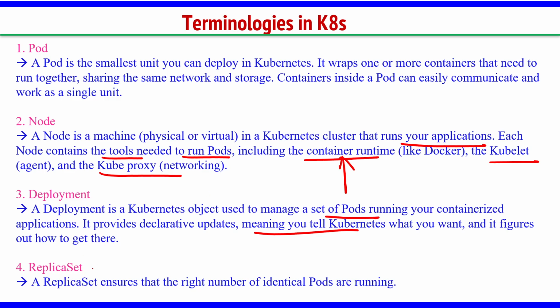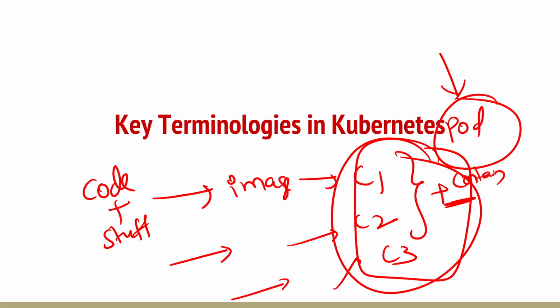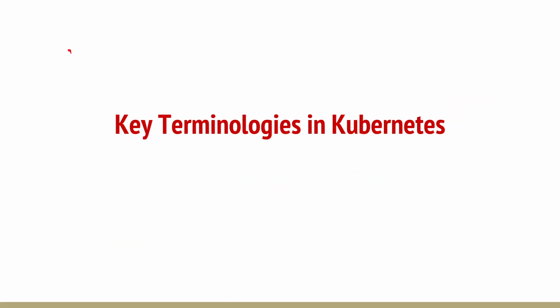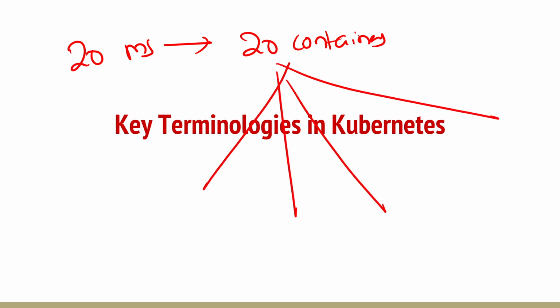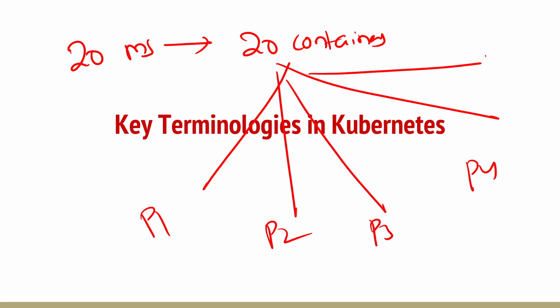Then the fourth one is replica set. A replica set ensures that the right number of identical pods are running. So, now for a microservice application, if let us say I have some 20 microservices, I will have 20 containers, basically 20 services in 20 containers. These 20 containers are grouped into some pods, P1, P2, P3, P4, maybe some P5.